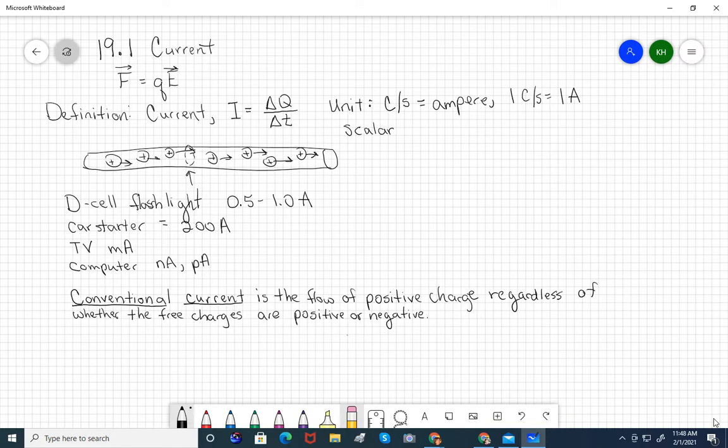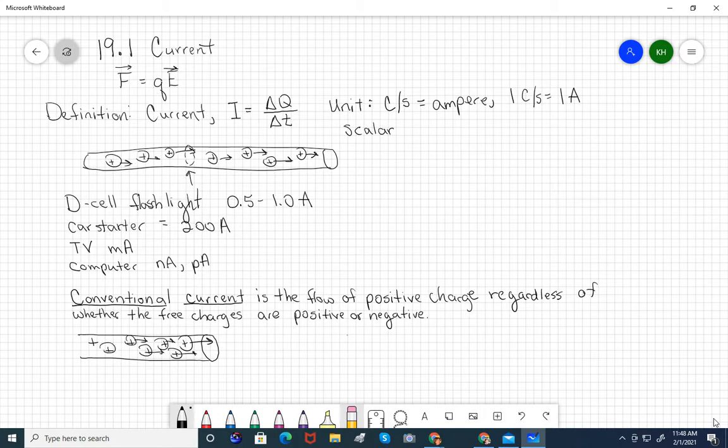They decided that they would consider the flow of positive charge to be conventional current. So let's suppose we have a conductor, and they said, okay, I've got electricity flowing. I'm going to assume I have all these positive charges flowing this way. There they are. They're flowing.